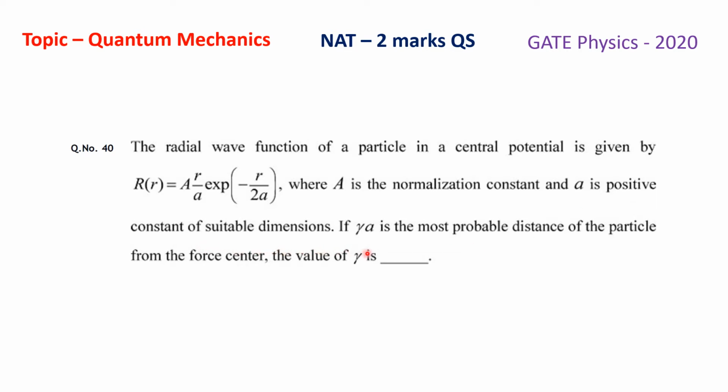If γa is the most probable distance of the particle from the force center, the value of γ is? So we have to find the value of γ so that γa is the most probable distance of the particle from the force center. Let us see how to solve this problem.